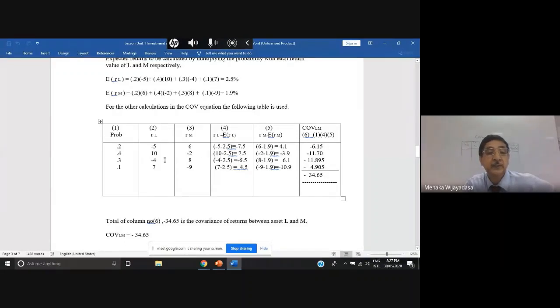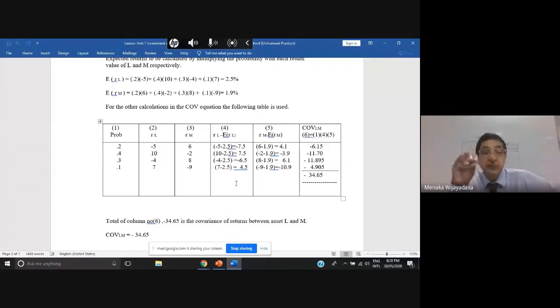In the second row, you get RL as 10, ERL is 2.5, 10 minus 2.5 is 7.5. Then you get minus 4 in the third row. Minus 4 minus 2.5 comes as minus 6.5. Then 7 minus 2.5 comes as 4.5. Now this is column 4. Column 4 gives the deviation of RL, return of L. Now what do you mean by deviation?